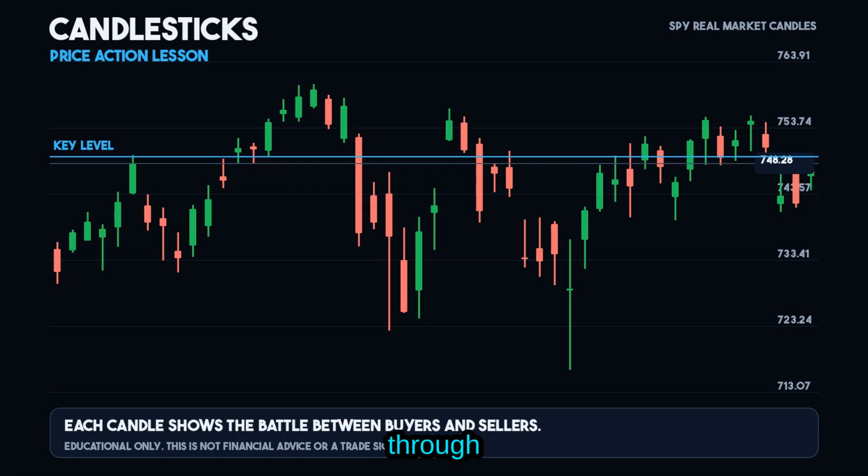This is like driving through the night, where you need to stay alert and make the right turns to reach your destination on time. Trading is the same. You need to stay focused, monitor your trades closely, and adjust your stop loss or close the trade if market conditions change.